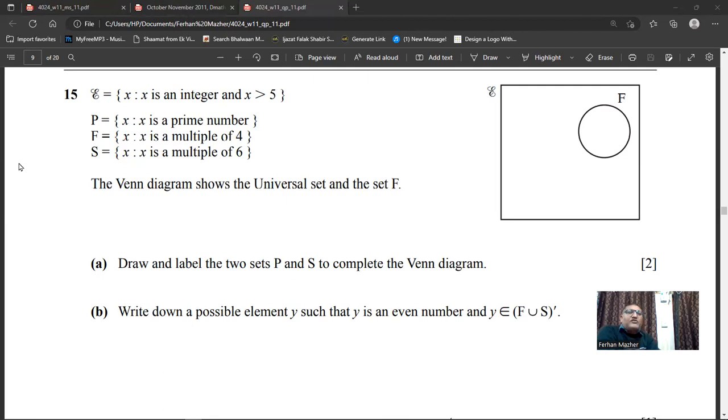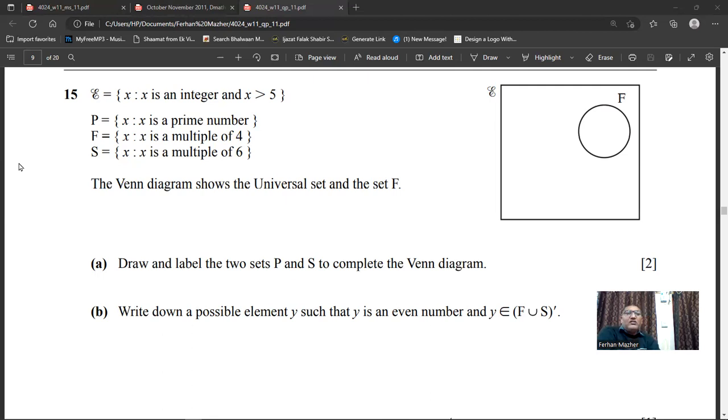The Venn diagram shows the universal set. You see, the F and the S will have a few things common in them, because some multiples of 4 and 6 are the same. The same number comes in the table of 4 and 6, for example 24, for example 36. And the question says draw and label the set P and complete the Venn diagram.